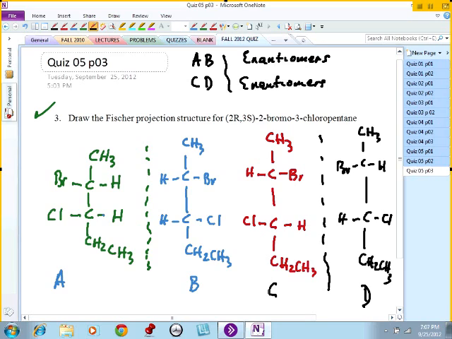In other words, they are mirror images that do not superimpose on top of each other. Now, what is the relationship between molecule A and C? Diastereomers? Yes. The relationship between A and C is what we call diastereomers.